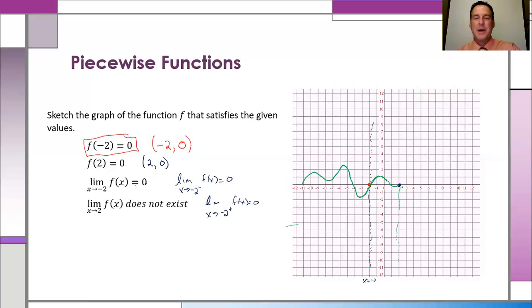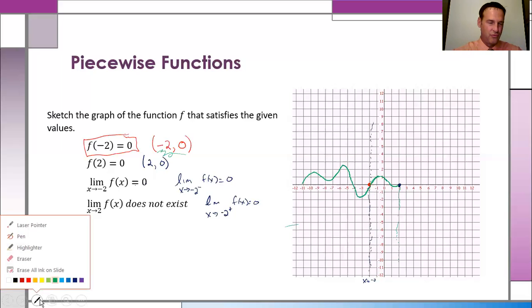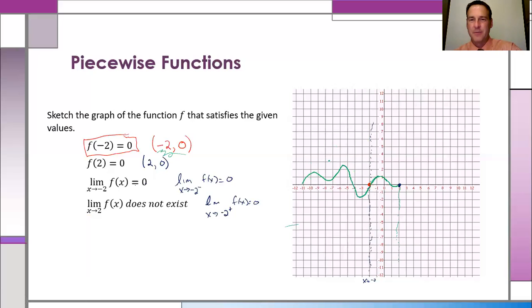That's okay. But for the limit to not exist means that you cannot connect it, which means somewhere over here it's got to touch someplace other than 2.